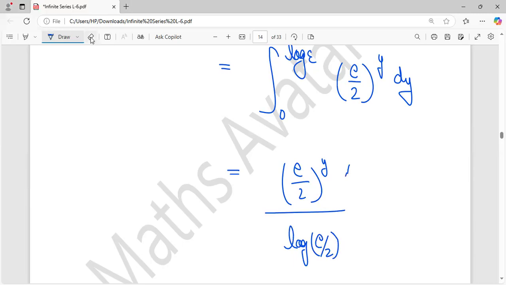So this is the integration from 0 to log epsilon.